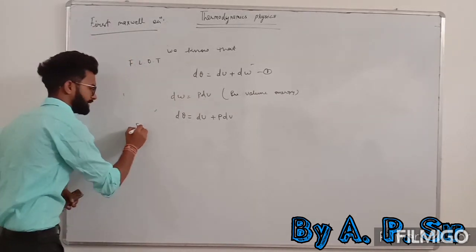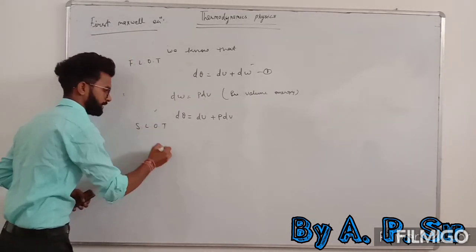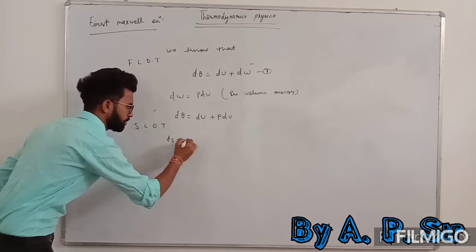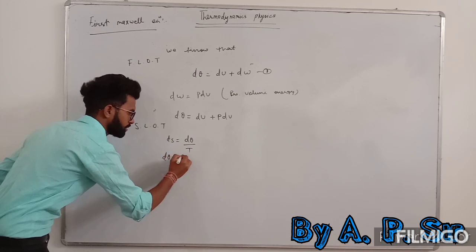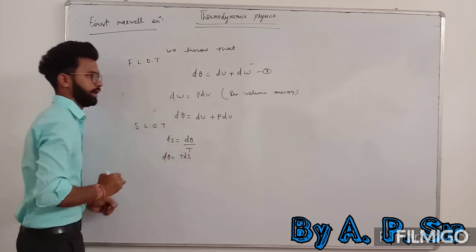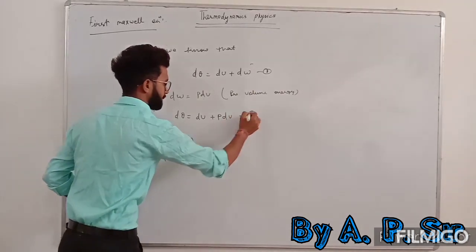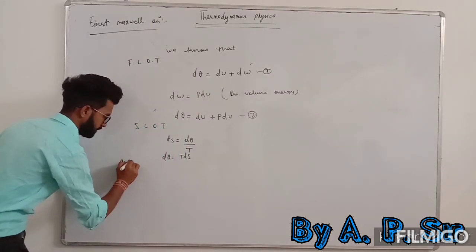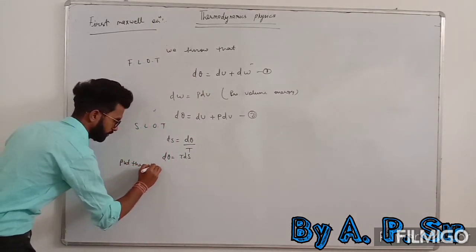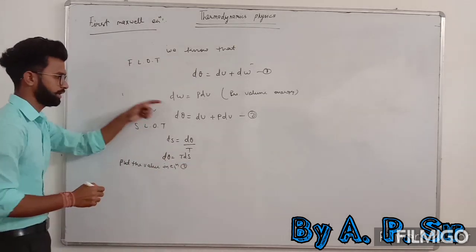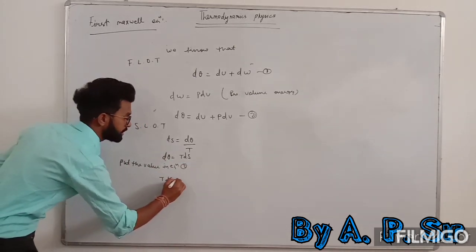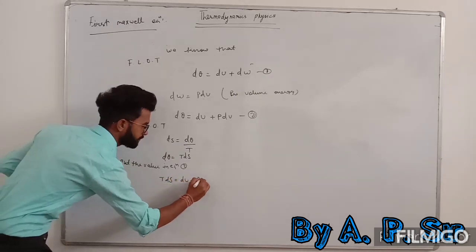Then from the second law of thermodynamics, dS equals dQ upon T, so dQ equals T dS. This is equation number second. Put the value in equation second: T dS equals dU plus P dV.